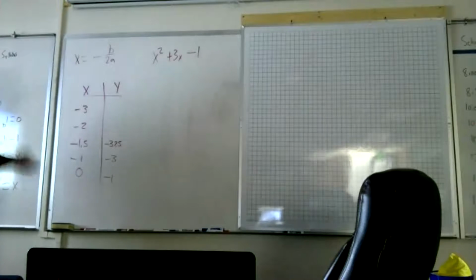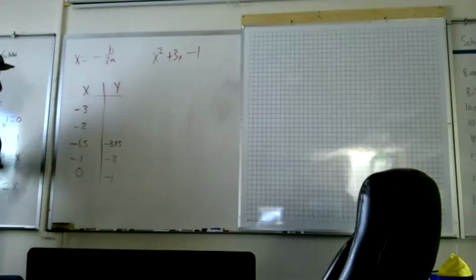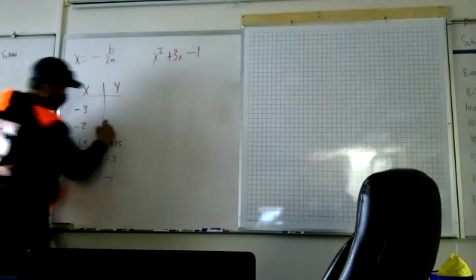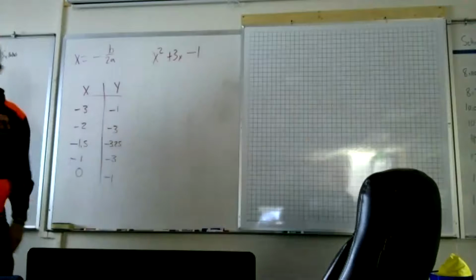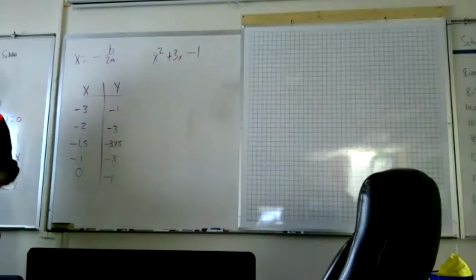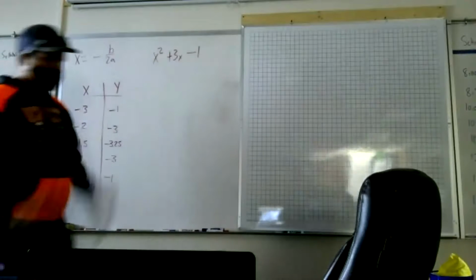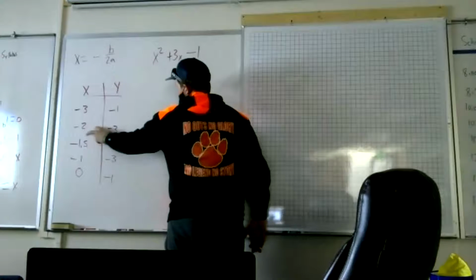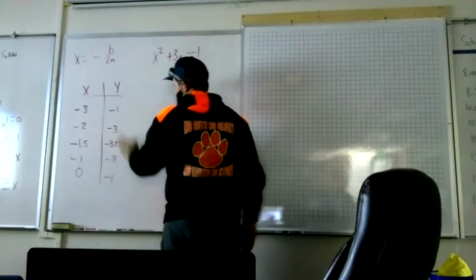Now, the beautiful thing about knowing that these are equidistant, because from the vertex they're both half units, is I can transfer these values over. It's -3 and -1. That's the joy of the axis of symmetry, because the only way they would fold on top of each other is if my x values are equidistant from the vertex, and then the y values are going to be the same.